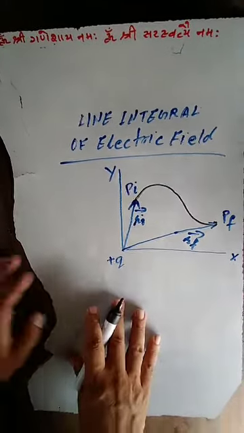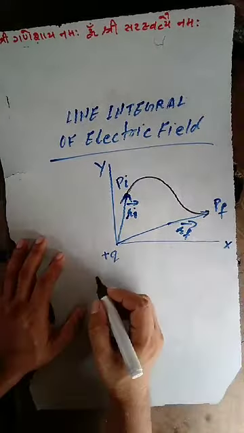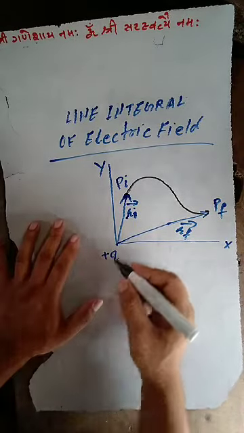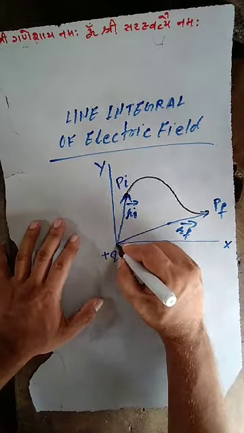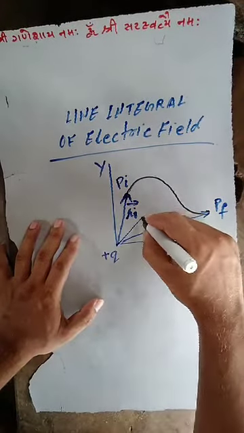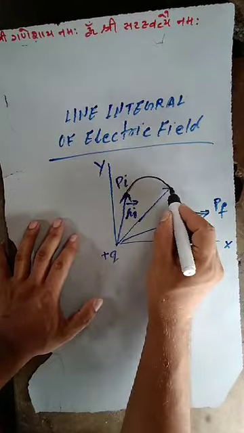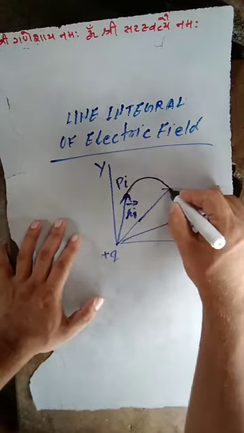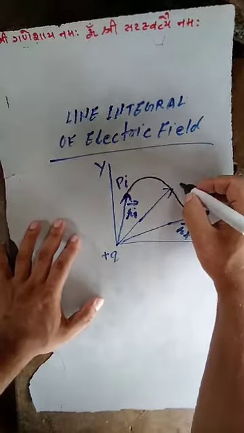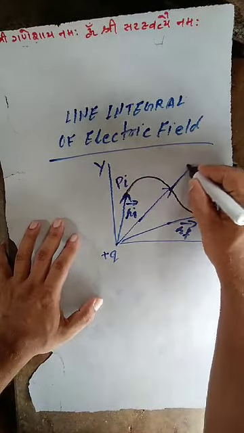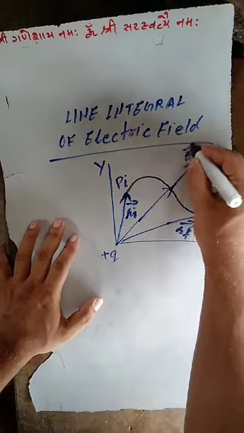Suppose here, the electric field at this point will be along this because it is a unit positive charge.